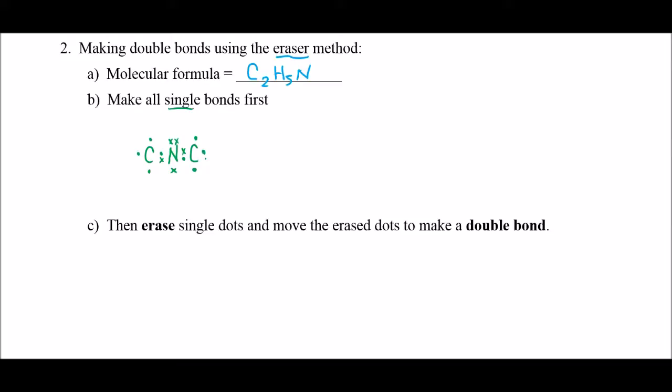Okay, that's a skeleton. It has 1, 2, 3, 4, 5, 6, 7 total bonding slots available. I only have 5 hydrogens. Therefore, I know there'll be some unoccupied spaces.